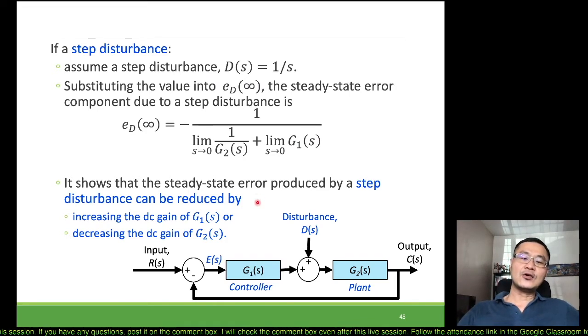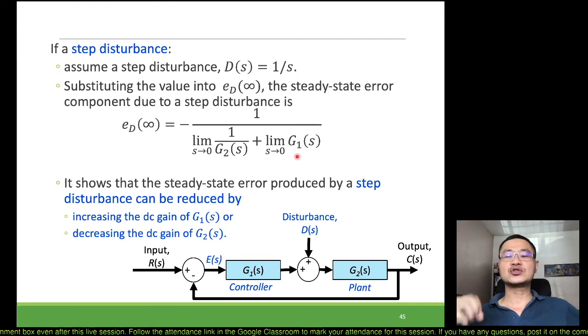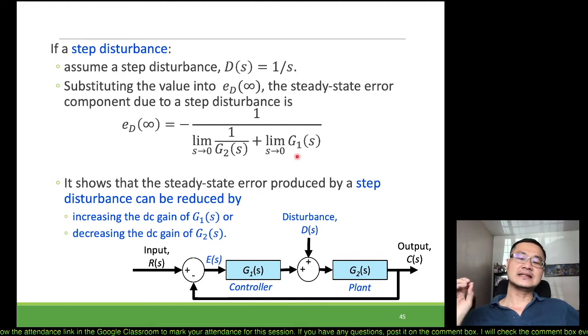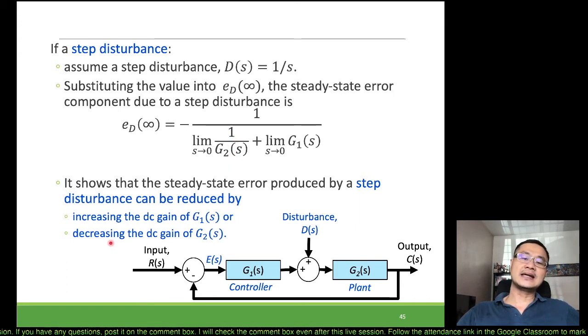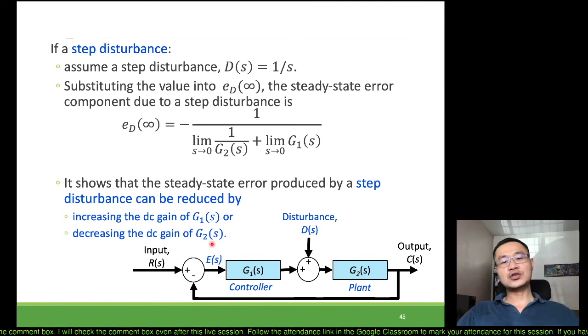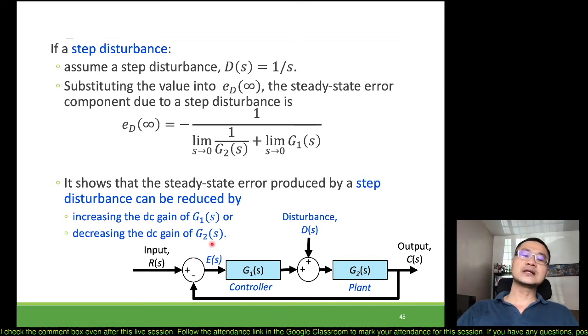Therefore, if we can increase the gain of G1, then it will eventually reduce the steady state error produced by this step disturbance. Similarly, on this term, since it is inversely proportional, by decreasing the gain of G2, we are able to reduce the effect of the step disturbance.